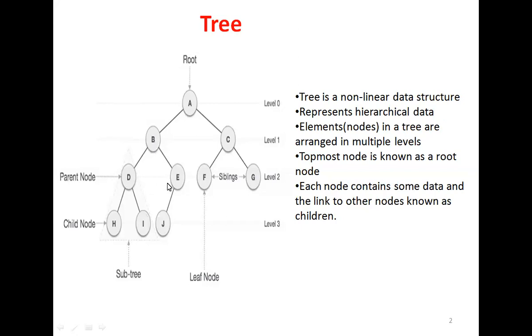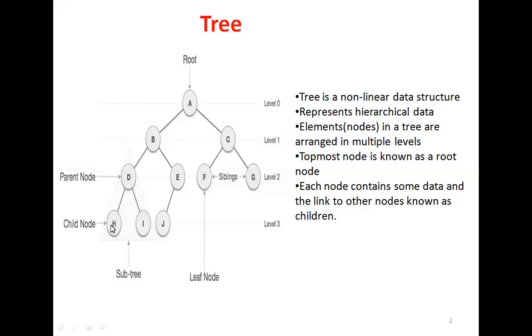So these node D and E are the children of node B. Similarly, here you can see node F and G are descendants of this node C. So node F and node G are the child nodes of node C.